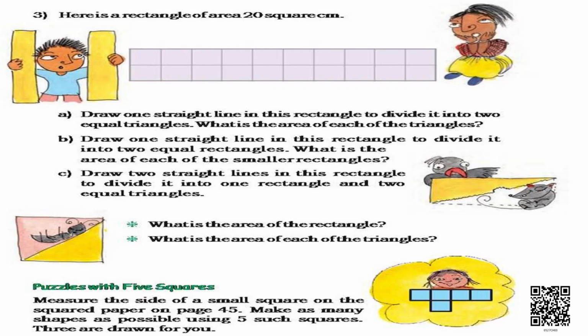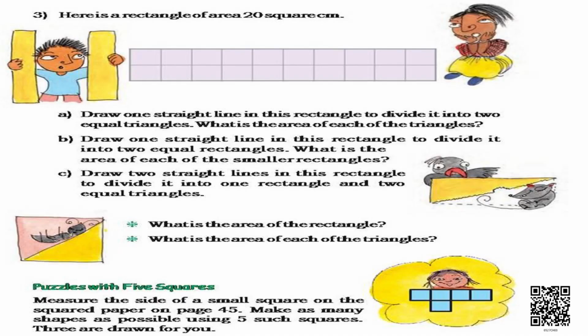Okay? Students, let us do a puzzle. As you can see in your book, 3 shapes are already drawn for you. You can find the area and perimeter by counting the number of squares, and you can come to the conclusion that each shape has an area of 5 square centimeter, as all these squares having a 1 centimeter side have an area of 1 square centimeter.